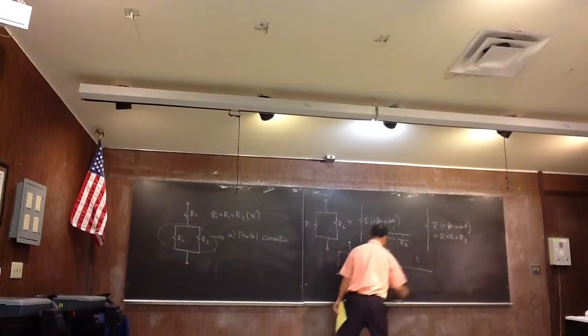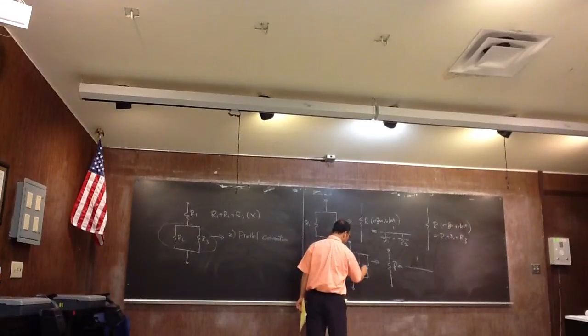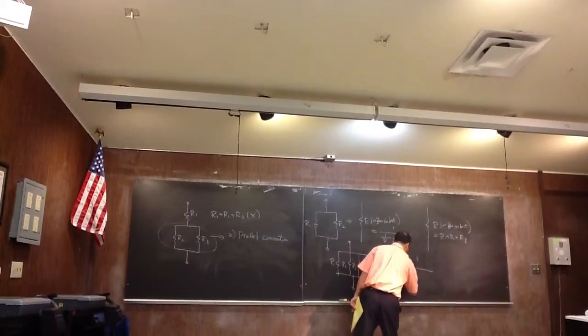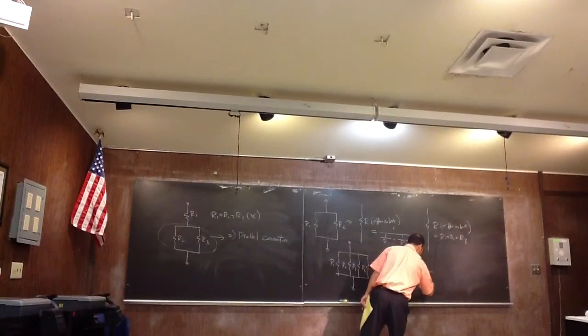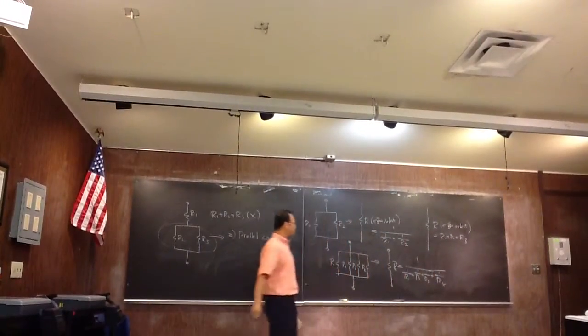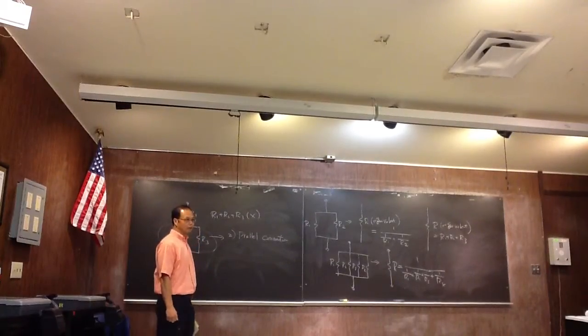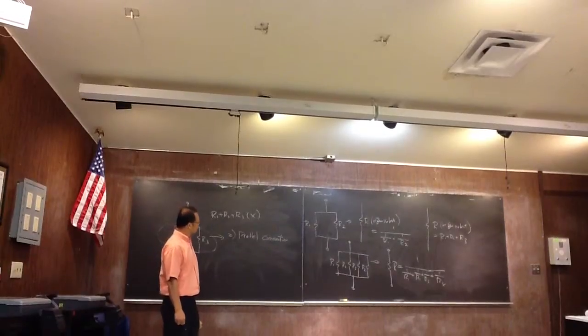It's equal to 1 over, let's say this is R1, R2, R3, R4, then it's equal to 1 over R1 plus 1 over R2 plus 1 over R3 plus 1 over R4. Simple enough?